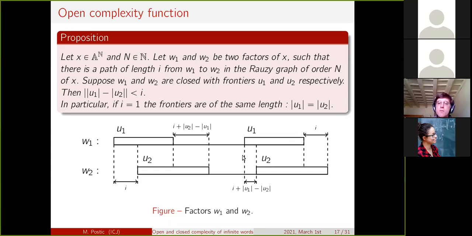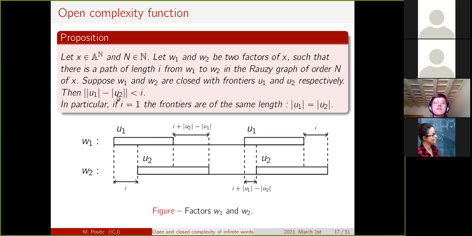And actually the same holds true here. If this was negative, so if the second occurrence of U2 was starting before the second occurrence of U1, it would mean that U1 would be a factor of U2. So we would be able to find U1 somewhere here, and it means that U1 would be somewhere here. And this is not possible by definition of U1 as a frontier of W1.